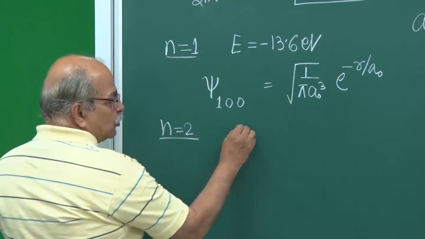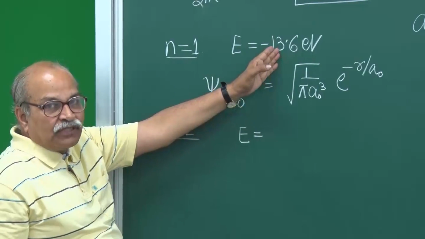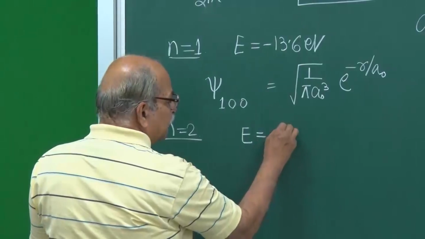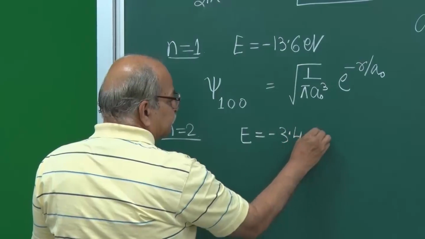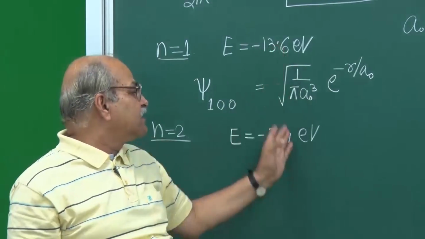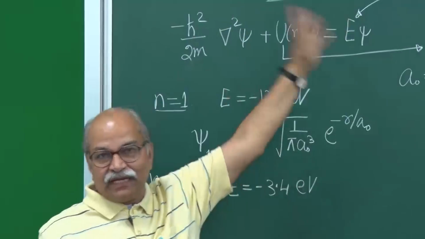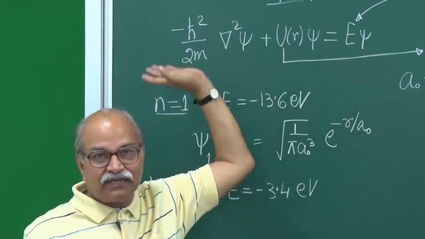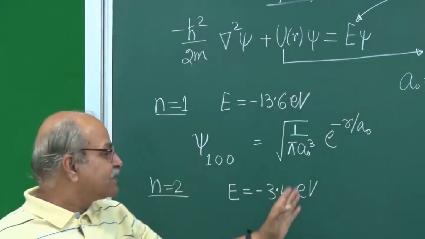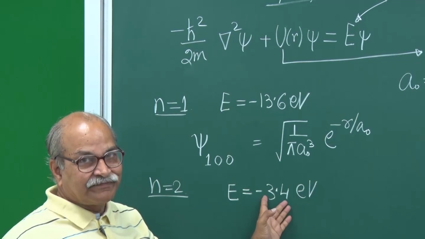For n is equal to 2, E will be this divided by 4, so it is minus 3.4 eV. Anything between these two, if you put here, you do not get any solution, you do not get any functional form of psi. So the next energy allowed is this.